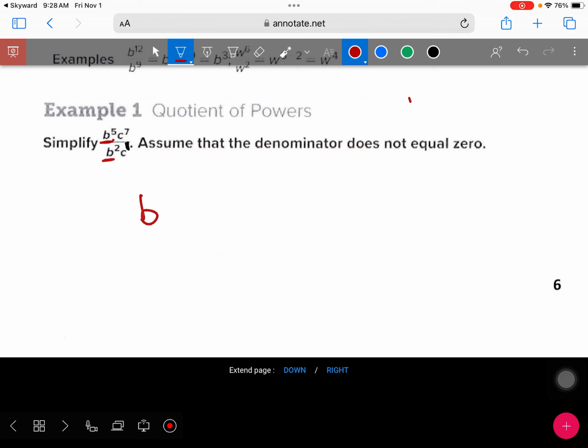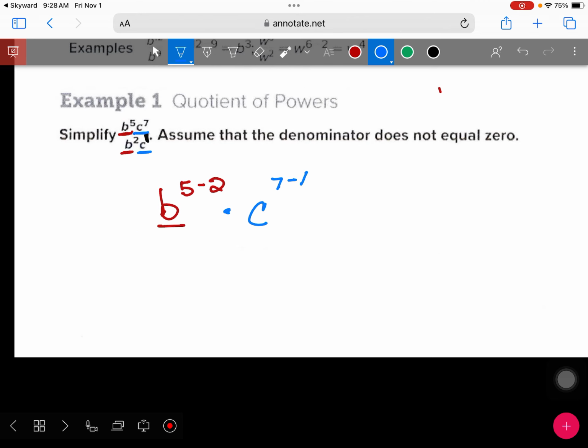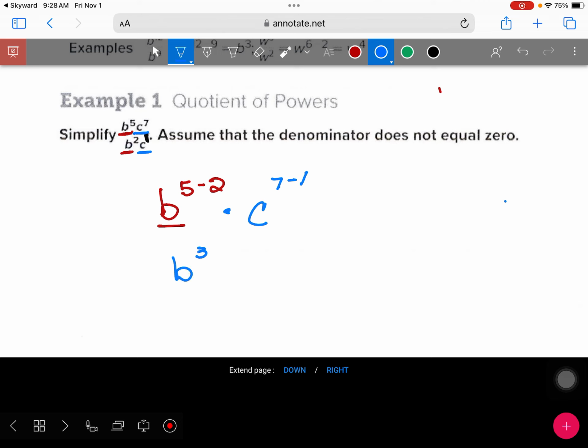So you keep the base and you subtract the exponents. Okay? And for my C, I have a C to the 7th divided by C to the 1st. So it is times C to the 7 minus 1. So simplifying this, this is B to the 3rd times C to the 6th. And that is your final answer.